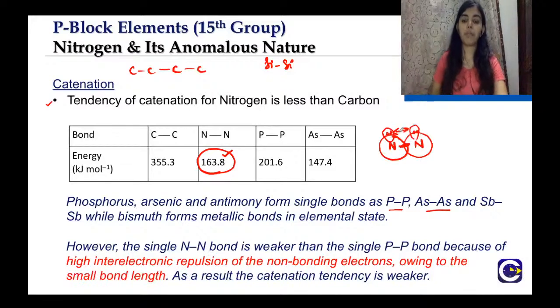Because of this repulsion, the catenation tendency is weaker. Nitrogen bonds are very weak. Because of the small size, the electrons have high repulsion, while phosphorus has a little bigger size than nitrogen, and therefore the interelectronic repulsion between the two phosphorus atoms is not as much as that of nitrogen.